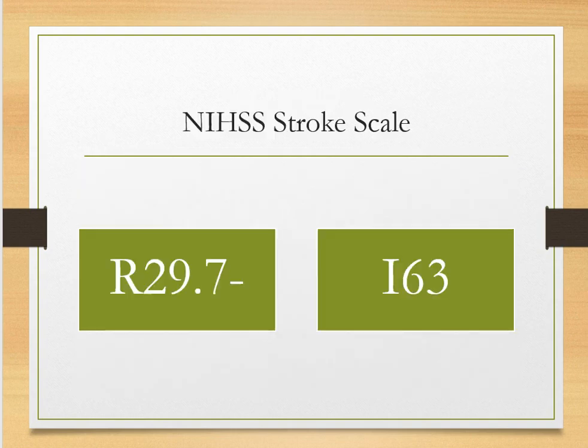Last guideline, the NIHSS stroke scale, which are codes R29.7, can be used in conjunction with the acute stroke codes, which are code family I63, to identify the patient's neurological status and the severity of the stroke. The stroke scale codes, of course, are going to be sequenced after the acute stroke diagnosis.